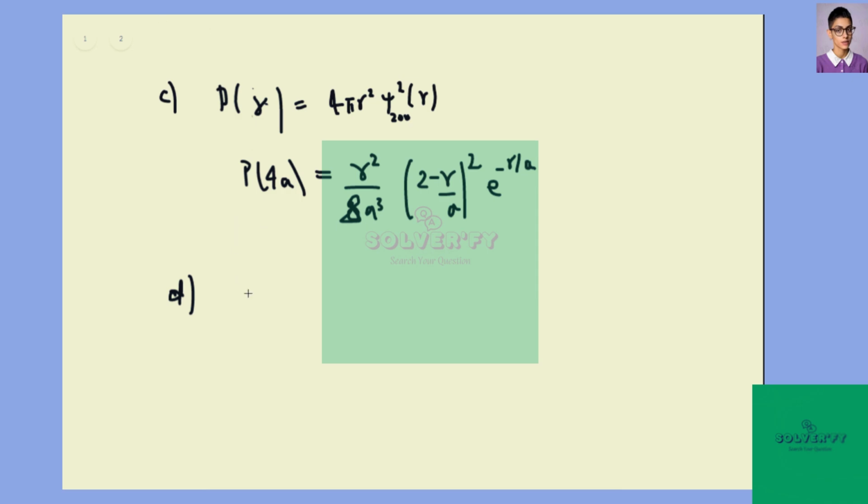In the next part, we need to show that the net probability density is equal to 1. If that is so, then we say that the wave function is completely normalized. So we need to prove this relation. We begin by taking this value, which is, once again, not at 4a, this is a general value, and we need to integrate this function.